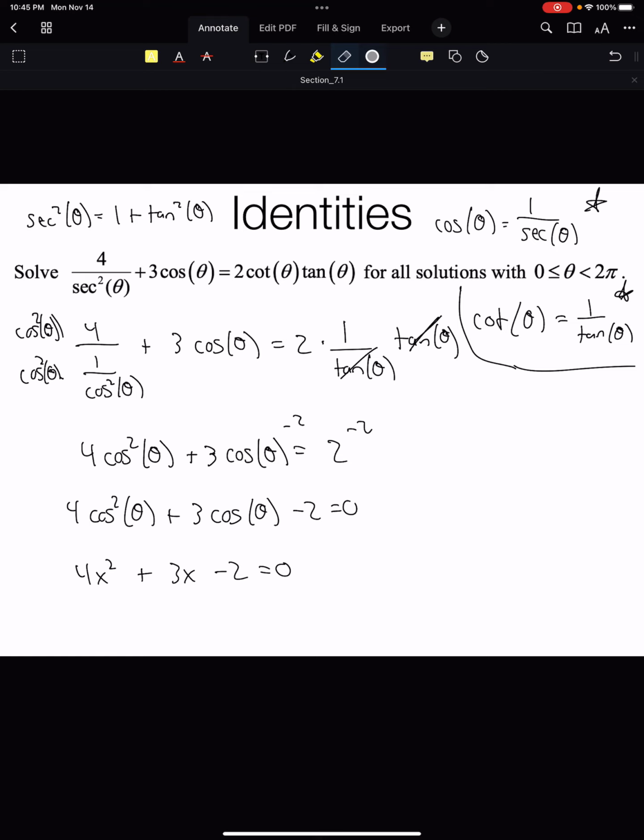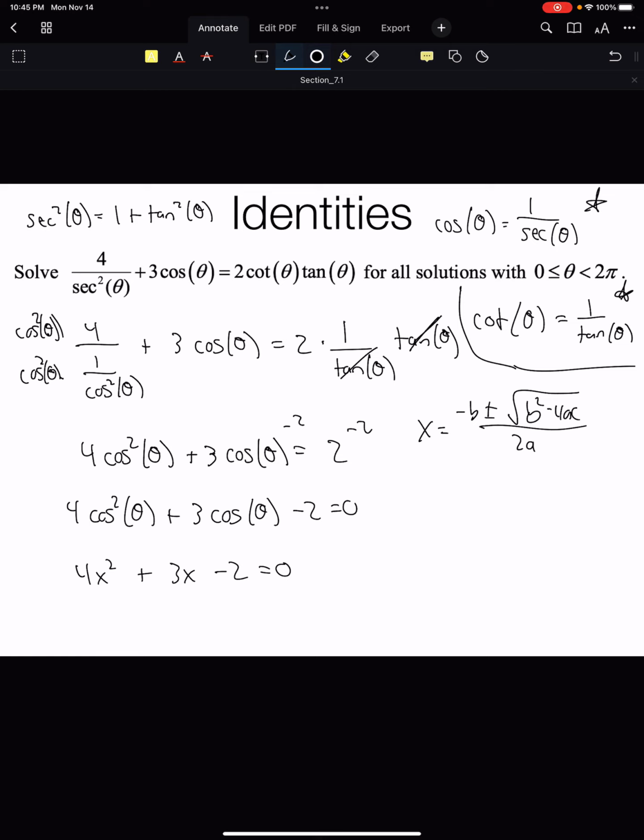And so when things don't factor nicely, unfortunately, you have to use the x is equal to negative b plus or minus the square root of b squared minus 4ac all over 2a. Okay, the quadratic formula.